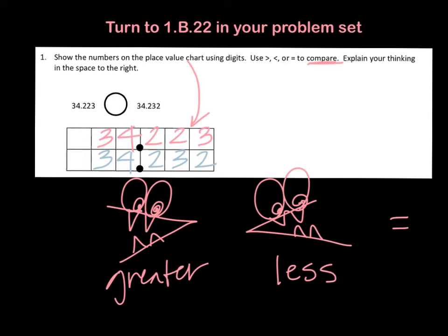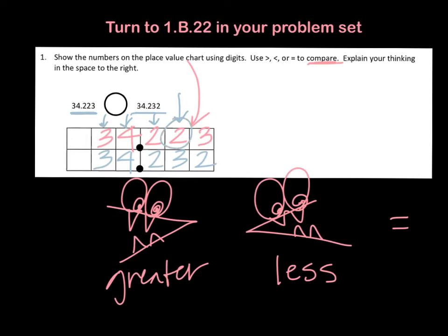Now, how do we know if 34.223 is greater than, less than, or equal to 34.232? We see in the tens place, we have 3 tens in both. We have 4 ones in both. We have 2 tenths. And then let's look at the hundredths place.